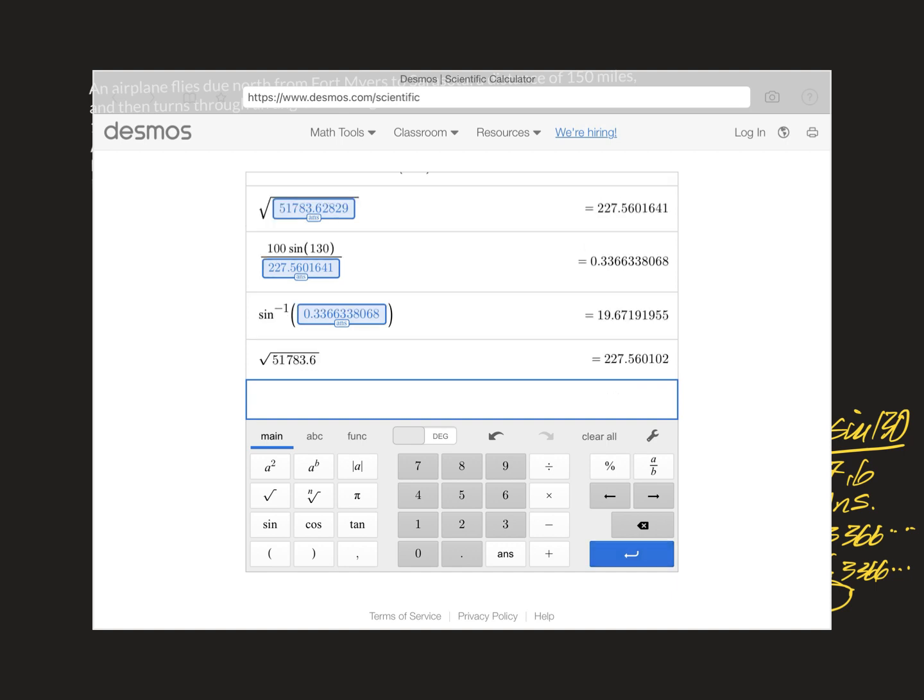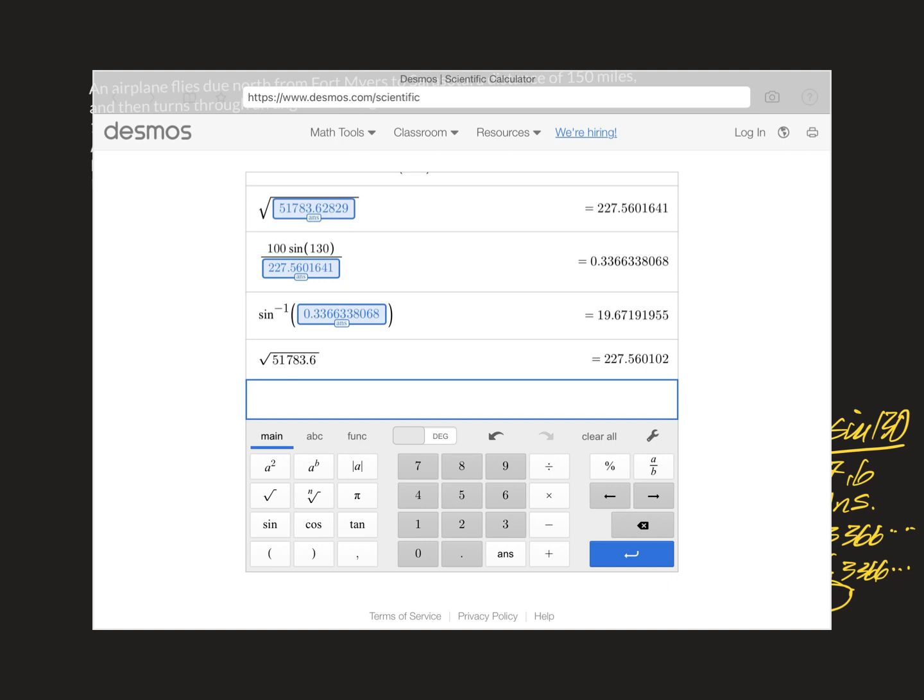So that still gives me 227.56. So then I do the, okay, but notice it starts to change out here. It goes 0, so we're okay to the 1,000th, but then things start to change, all right?